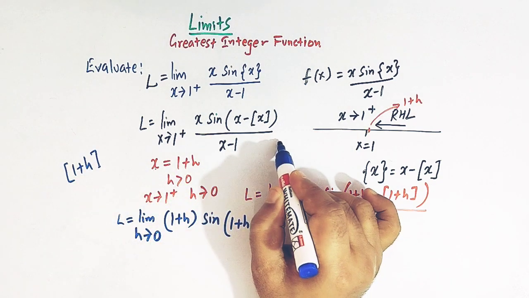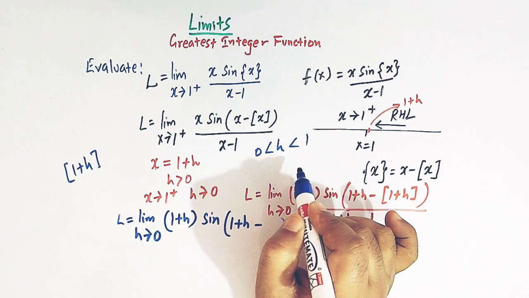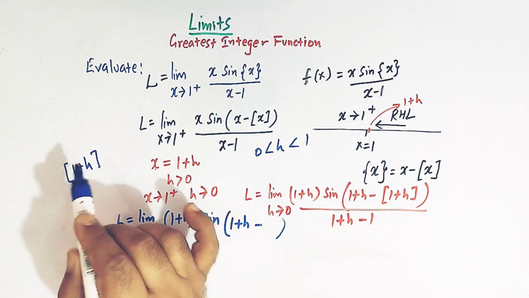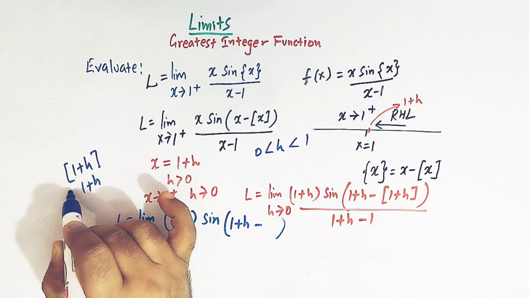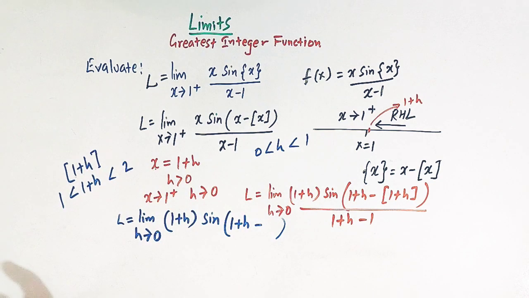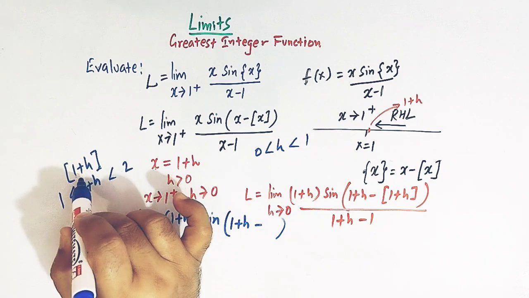Now see, h is a very small quantity and it lies between 0 and 1, so 1 plus h is slightly greater than 1, but always less than 2.